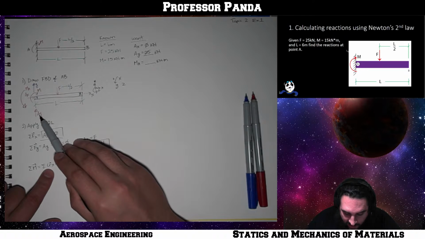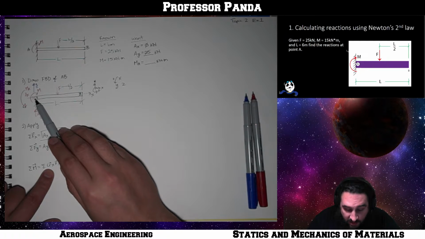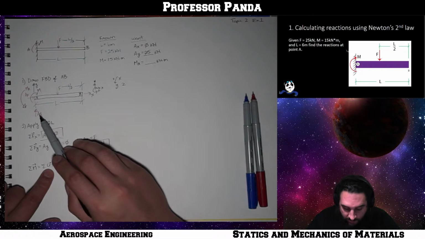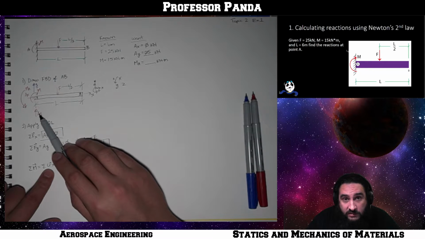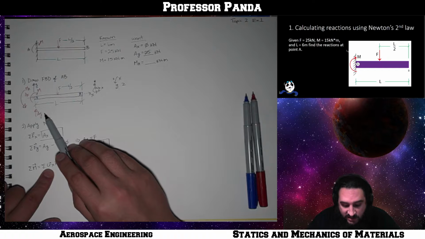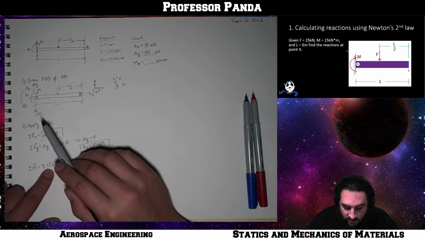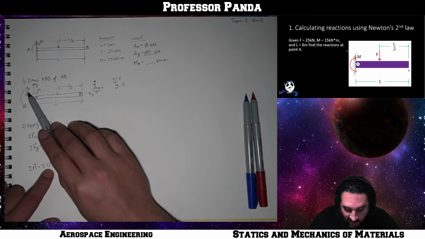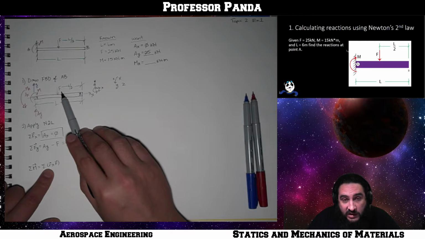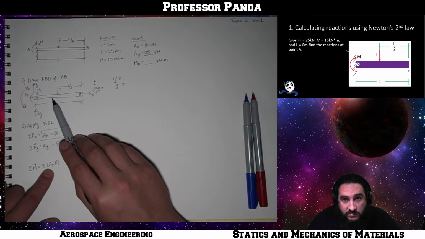Same thing with AY. AY passes through the point A, which means it has a 0 moment arm. No part of AY acts perpendicularly at a distance away from A, so it doesn't participate either. So if I pick point A, I'll have MA, M, and F that participate in this moment calculation.